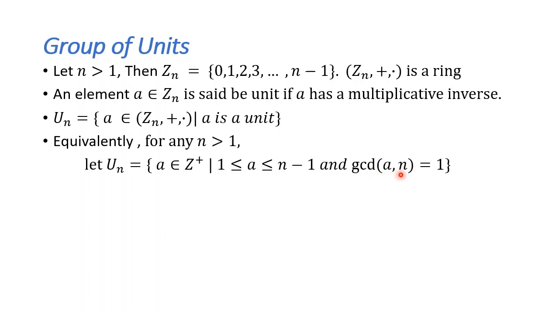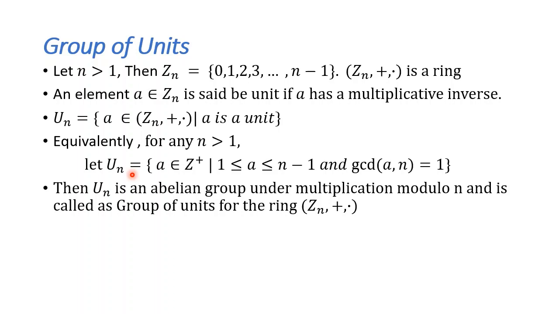If the greatest common divisor of a and n is 1, that is, a is relatively prime to n, you collect those numbers. That set is called Un. This Un will be an abelian group under multiplication modulo n, and this set is called the group of units for the ring Zn, plus, dot.